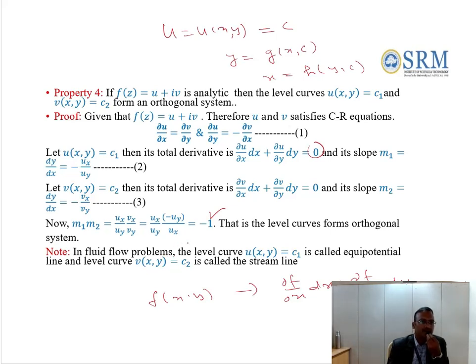So the geometry says that if m1 m2 equal to minus 1, then these two curves meet orthogonally. That is an orthogonal system. Now a useful note: in fluid flow problems, the level curve u of x comma y equal to c1 is called an equipotential line, and the level curve v of x comma y equal to c2 is called a streamline.